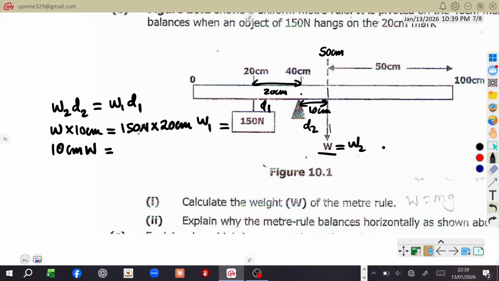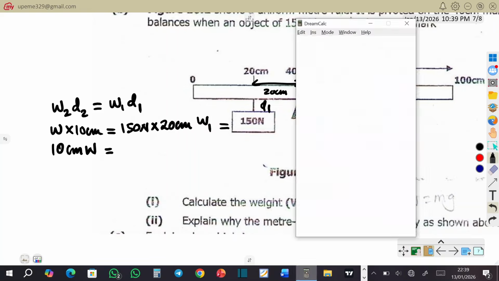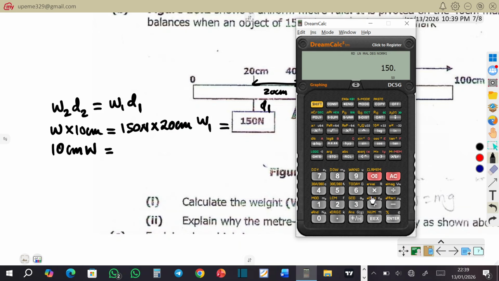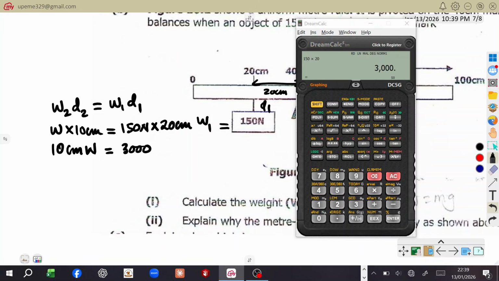W equals 150 times 20, equals like 3,000 Newton centimeters.